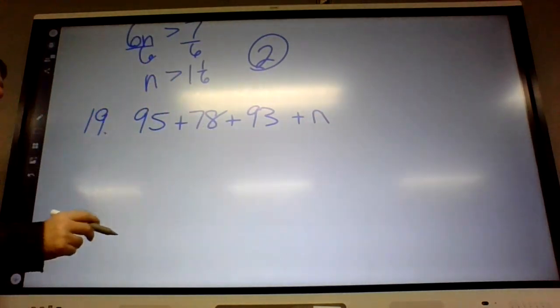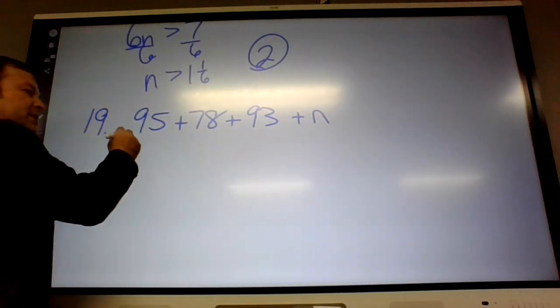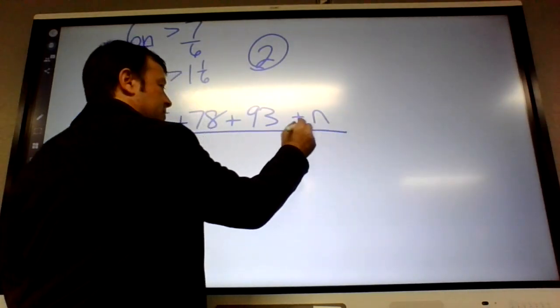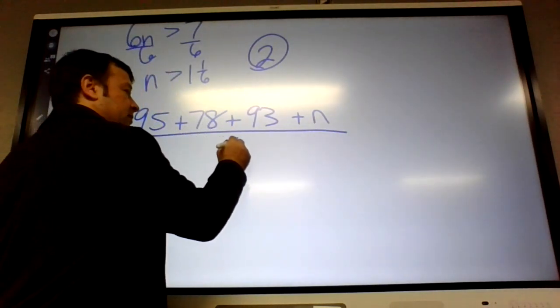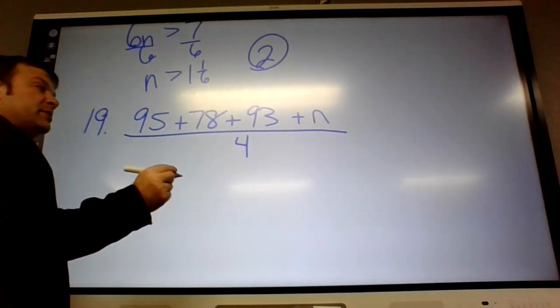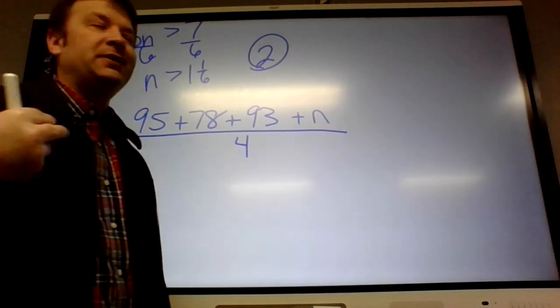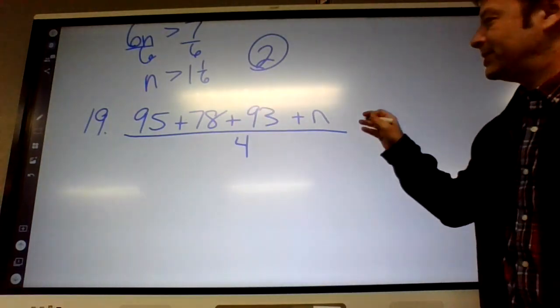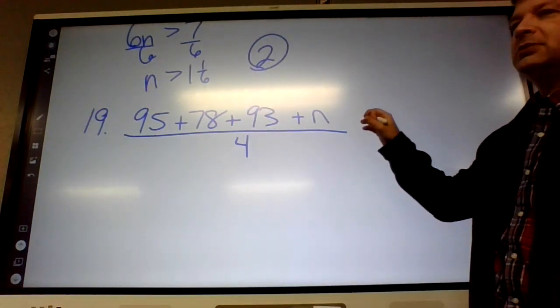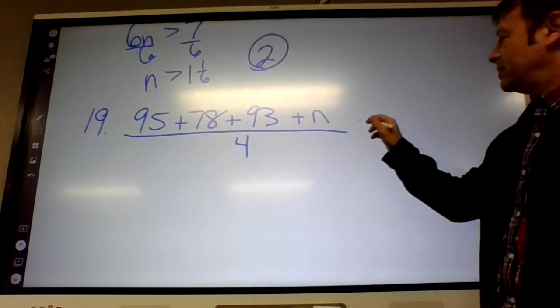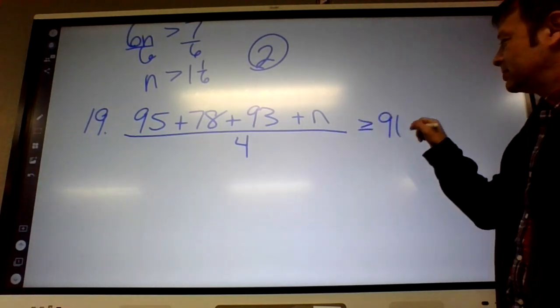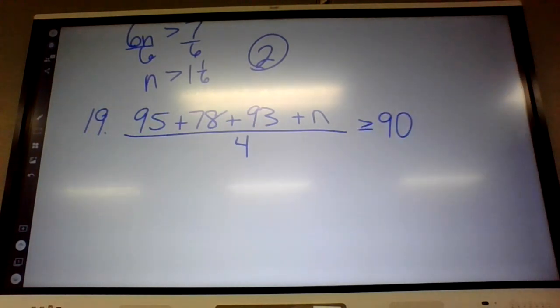That's my variable. Okay, all of that is going to be divided by 4. That's how you average numbers, right? And we want his grade to be at least a 90. So how do I put at least a 90? Greater than or equal to 90. That's close. Okay, that's how it sets up.